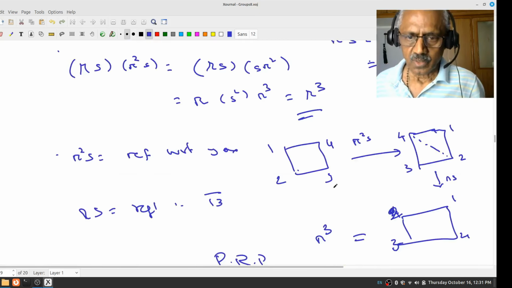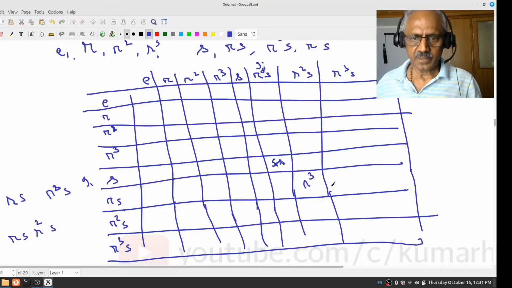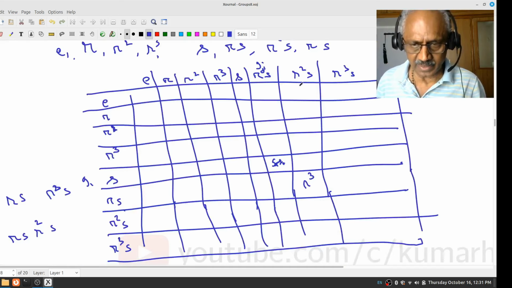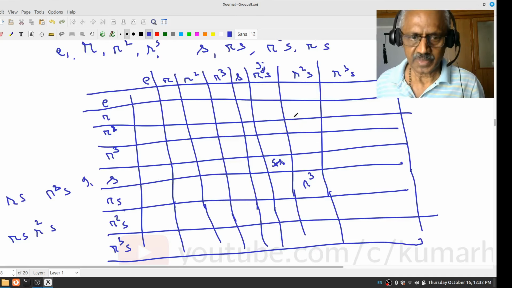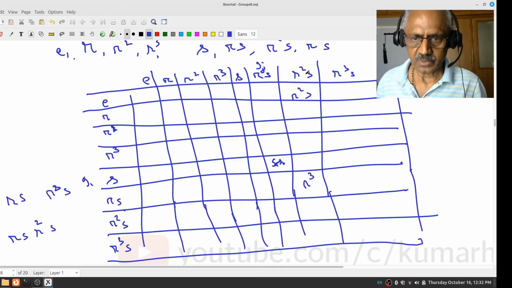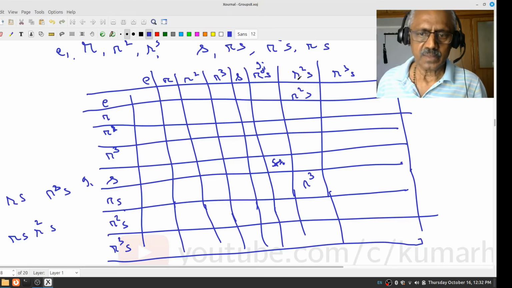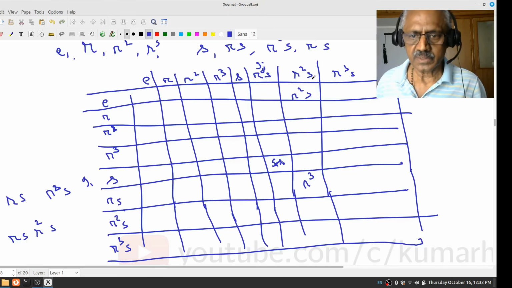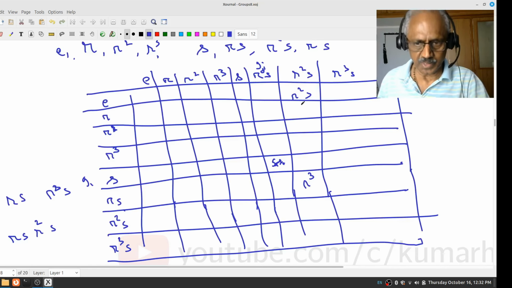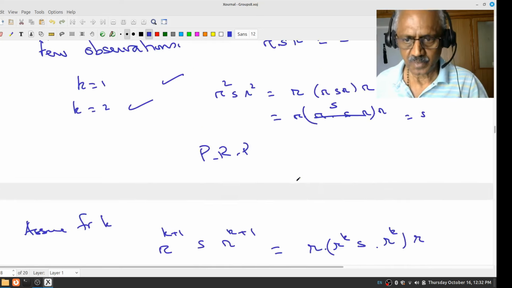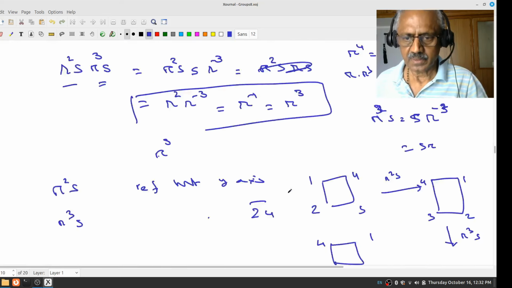So what I would suggest is you try to fill only one column with respect to this element Rs. E times R squared is R squared s. R times this will be R into R squared into S, that is R cubed s. But R cubed s, you know what it is. So you keep on doing like that. Are you following me?